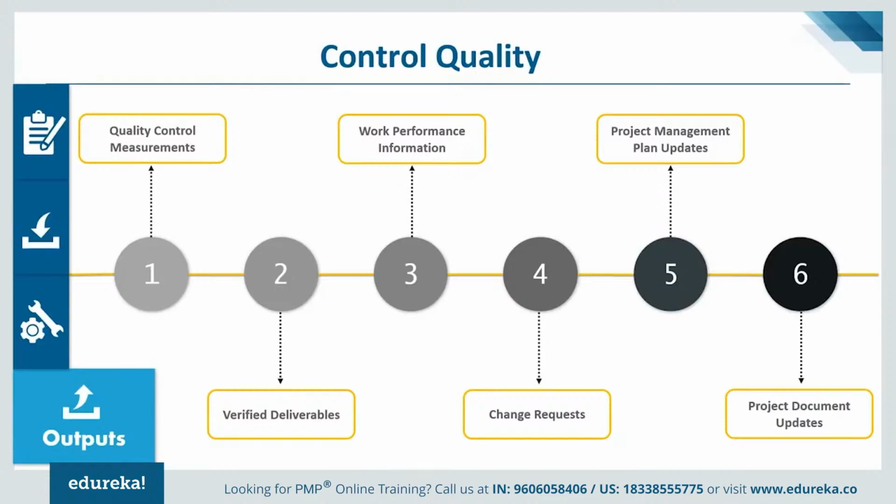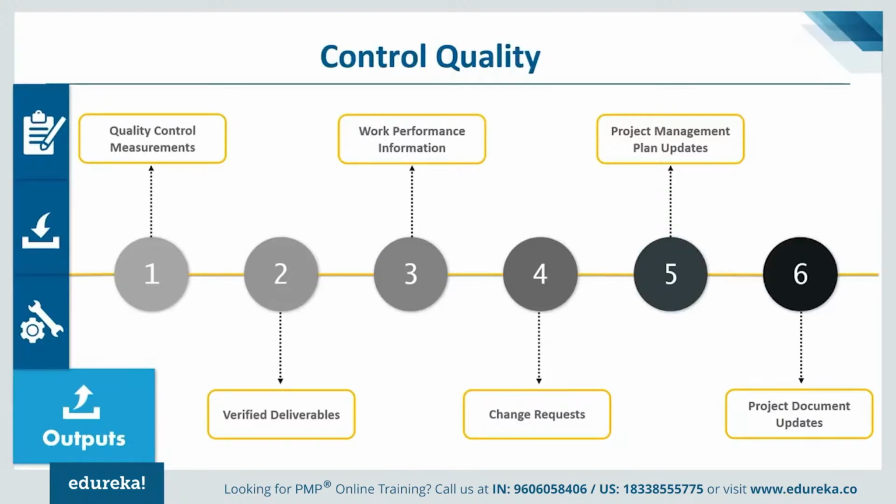So this covers the control quality aspects as well. We started with the quality management plan. Then we looked into how we can manage quality overall, and then how we would control quality. So in today's webinar, our focus was around quality and how we can maintain quality on the project by implementing these three processes as a part of quality management.